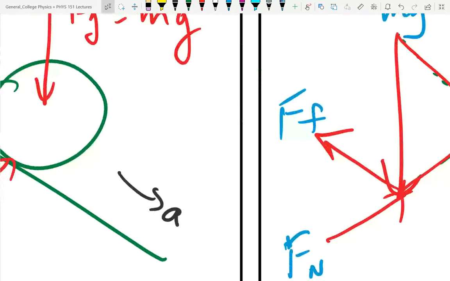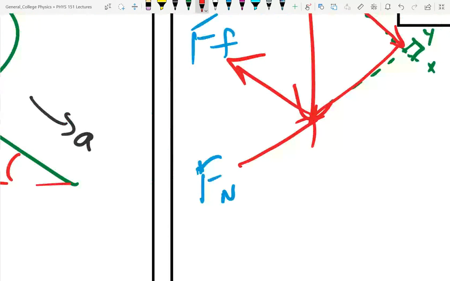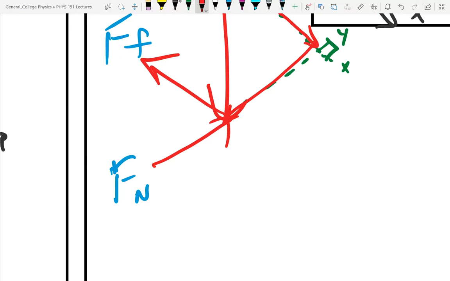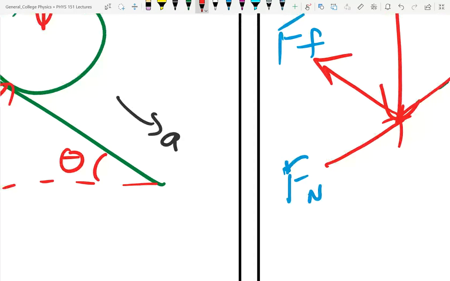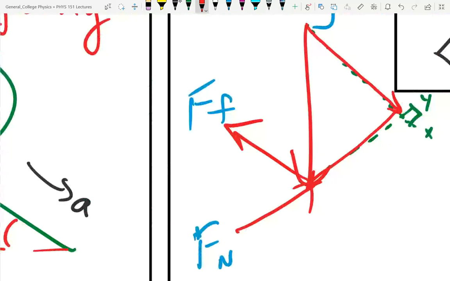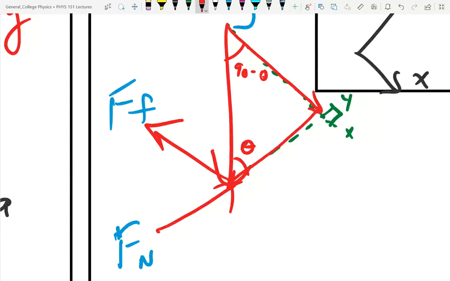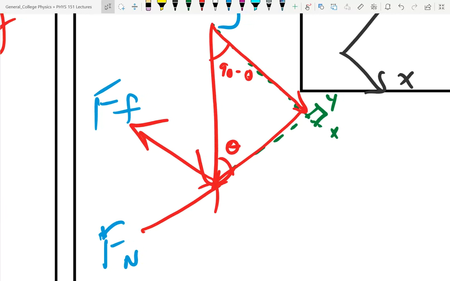Let's presume I know this angle. This angle here is the complement to theta, so this here is 90 degrees minus theta, which means this angle here is theta. And so then breaking into components, my x component here is the opposite side.